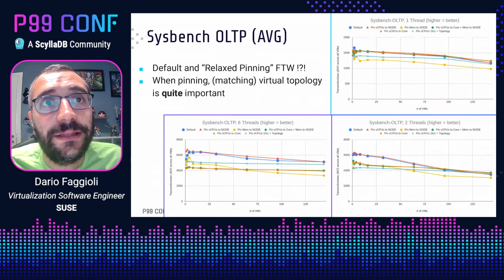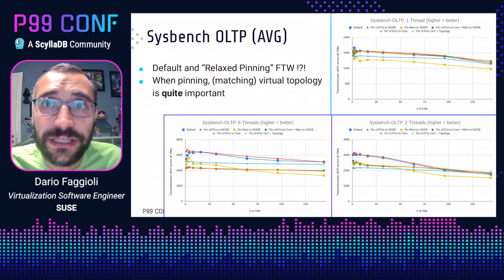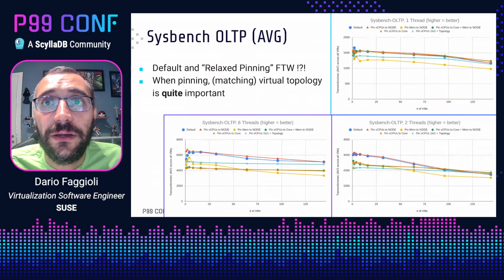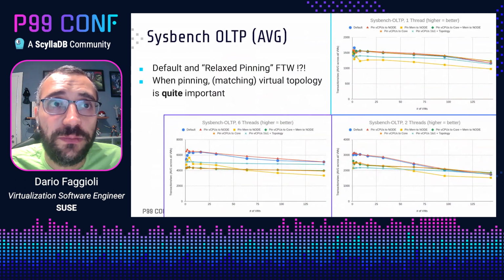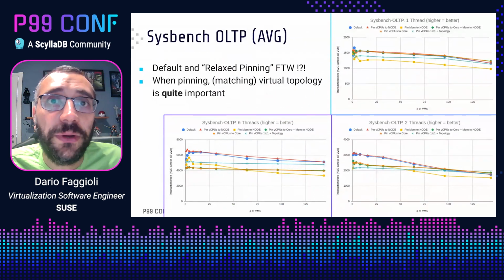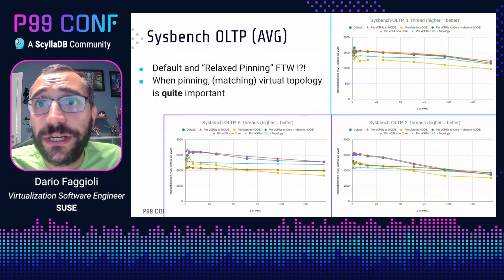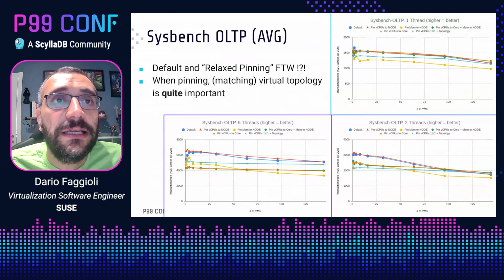Actually, when just one thread is used by the benchmark, which means the system is underloaded even with 192 VMs, it's almost the worst performing one. When load increases, things become a bit better for it, but even at max load, it's slower than relaxed pinning, and even of no pinning at all.